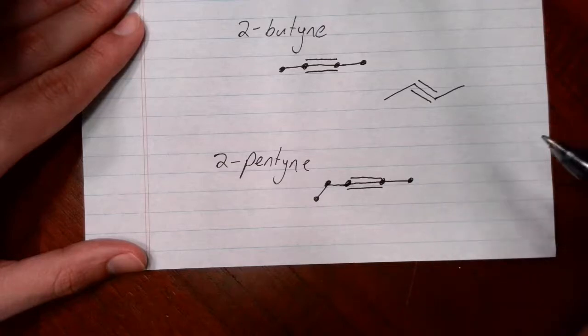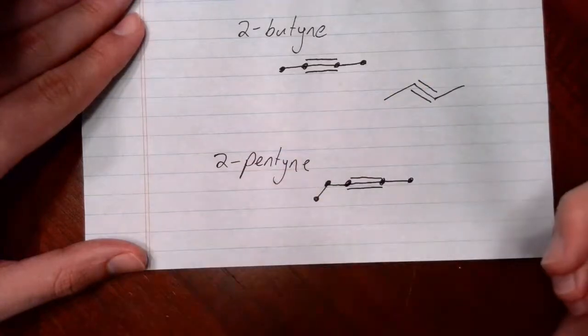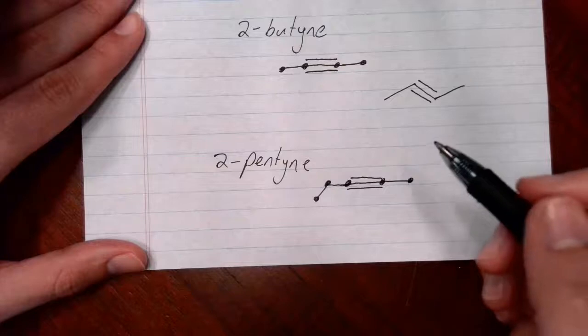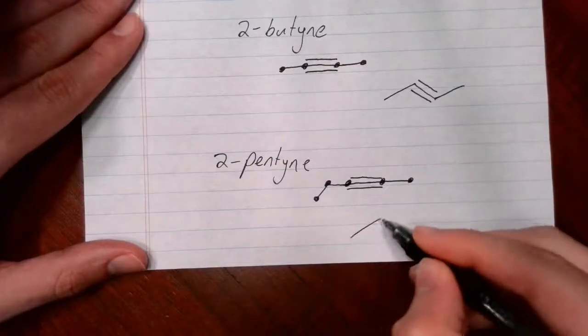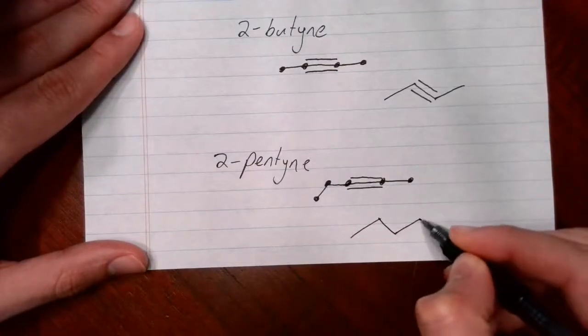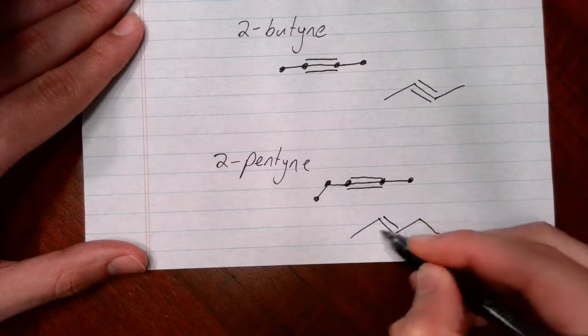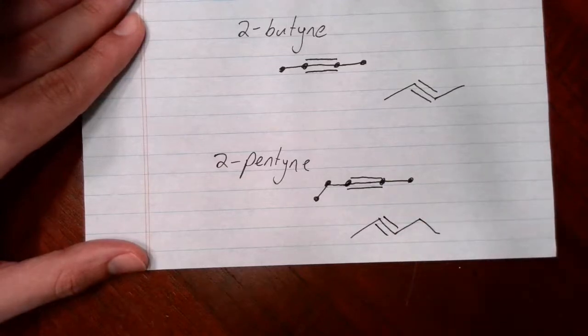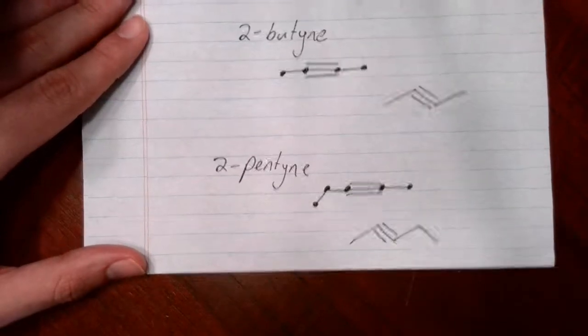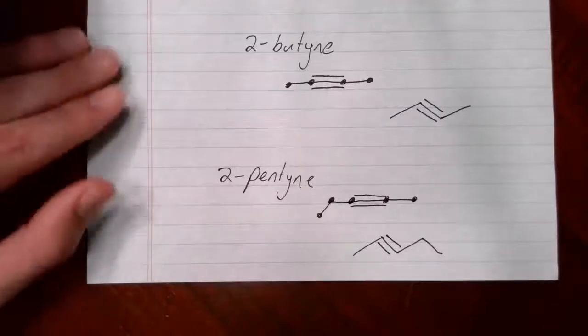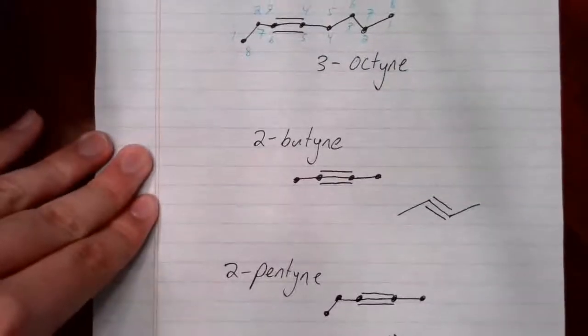The triple bond starts on the second carbon. You can also flip this molecule over and draw it backwards and it'll be the exact same answer. It'll also be correct. Or if you want to draw it like this, 1, 2, that'll work at this point as well. I'll accept that. Okay, so now we've named 3 different types of hydrocarbon molecules.